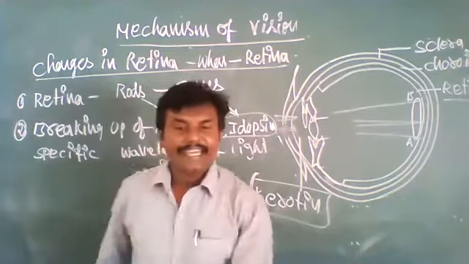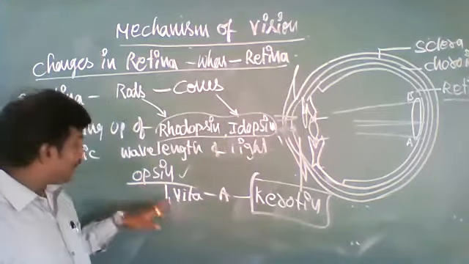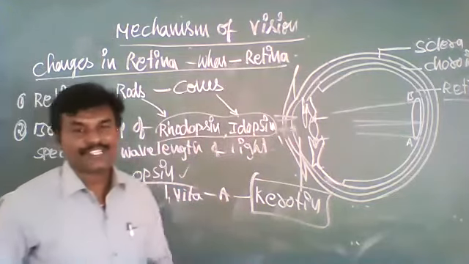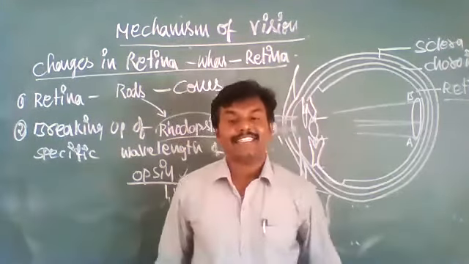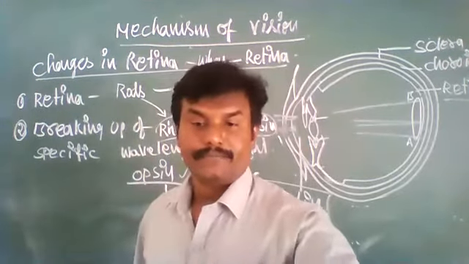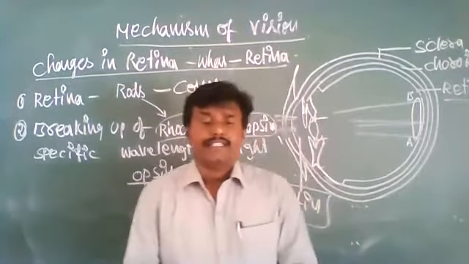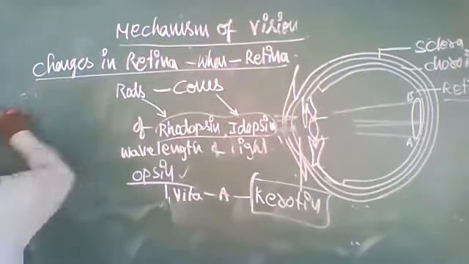Carotene is present in green leafy vegetables. If there is vitamin A deficiency, opsin does not form. If opsin does not form, rhodopsin and iodopsin are ineffective and weak, and then our vision gets damaged. Okay, that's all. Next, some more information is there.